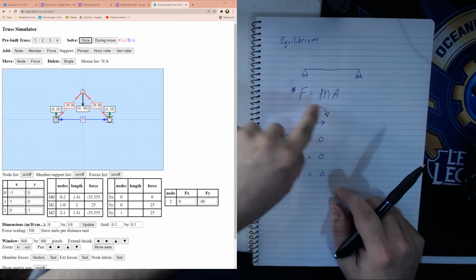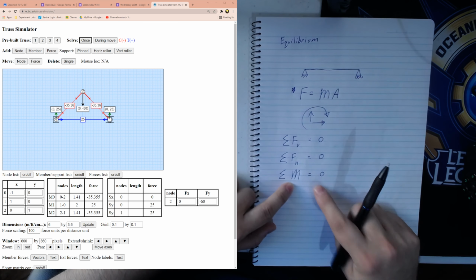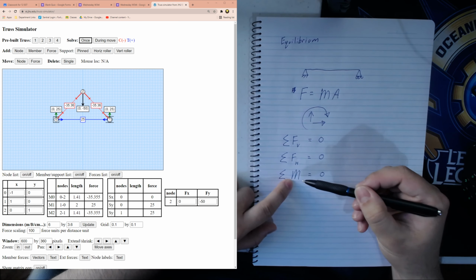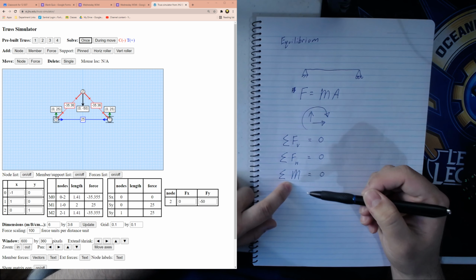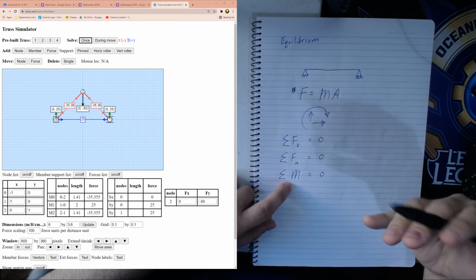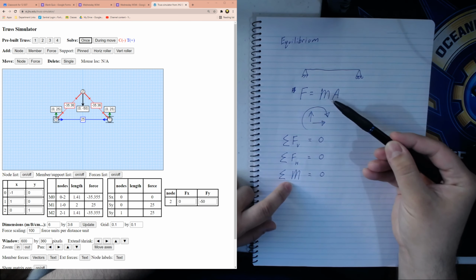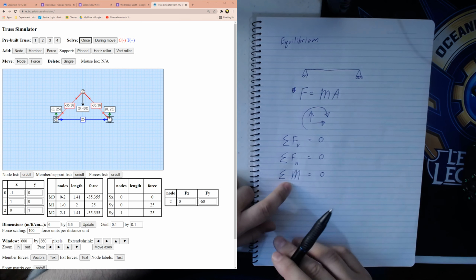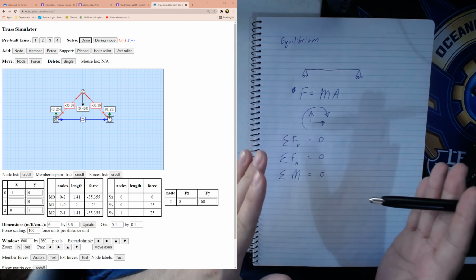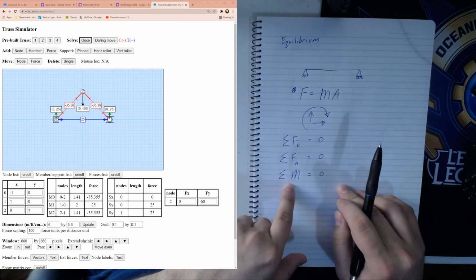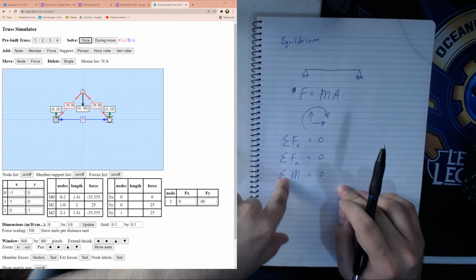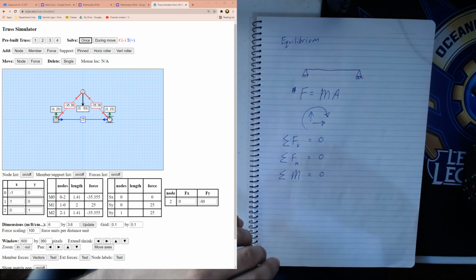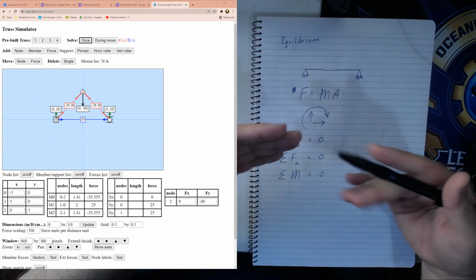We also have moments. This over here is a lowercase m, I believe, for mass, and this is an uppercase M, but this is our moments. The best way to think of it is that force, because force is a vector, has a direction and a magnitude. Force is linear, it's going to go straight. Moments are the equivalent of force, but in a rotation. So if you want something to spin, you're going to introduce a moment, just like if you want to move an object, you put a force.